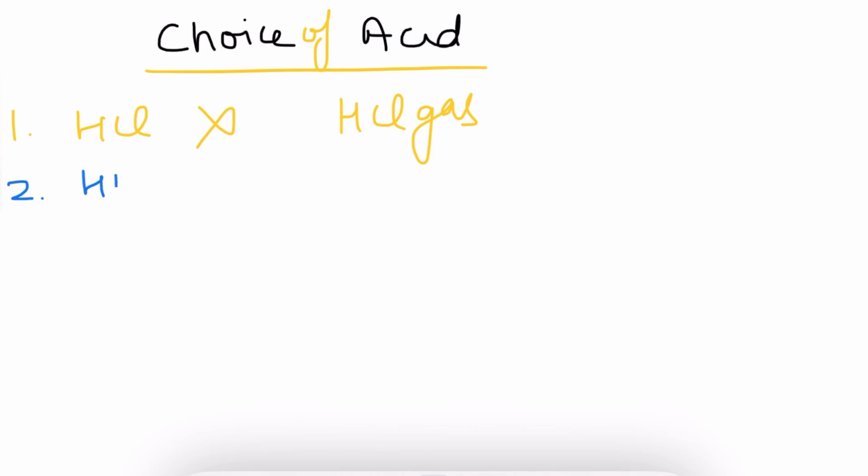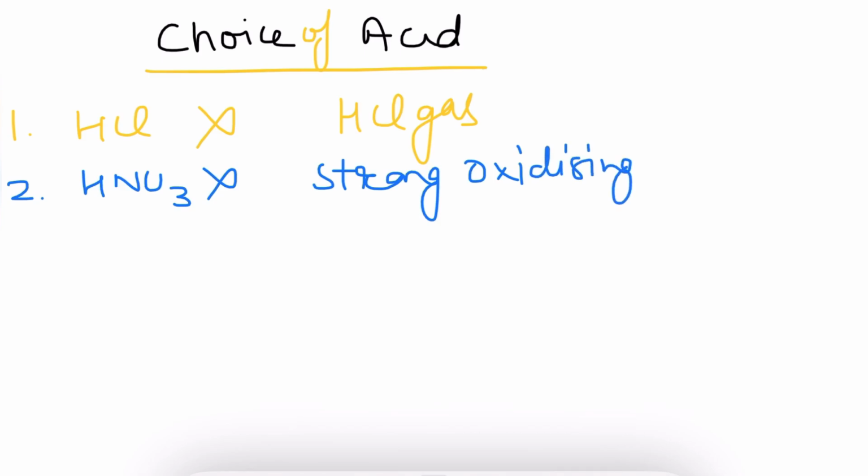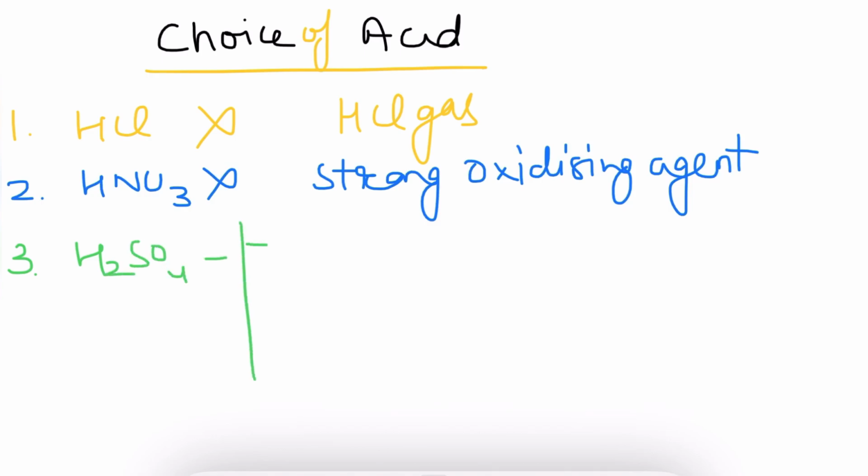Also, we can't use nitric acid because it is a strong, powerful oxidizing agent. So in order to detect radicals, we use either dilute sulfuric acid or concentrated sulfuric acid. That depends on the decomposition of the ion.